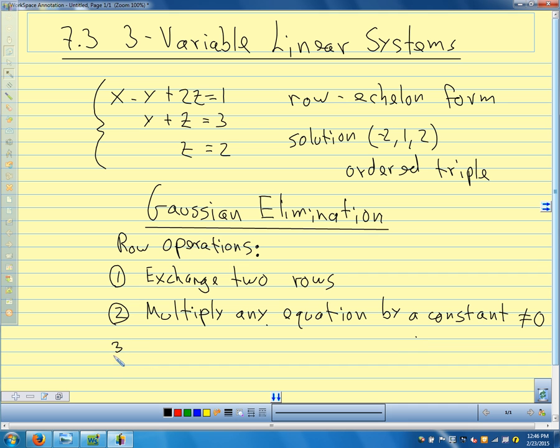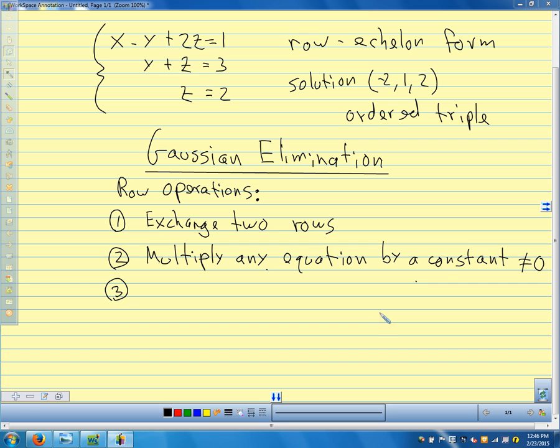And the third is the one that we're going to use most often: we can add a multiple, and I'm going to say add or subtract.